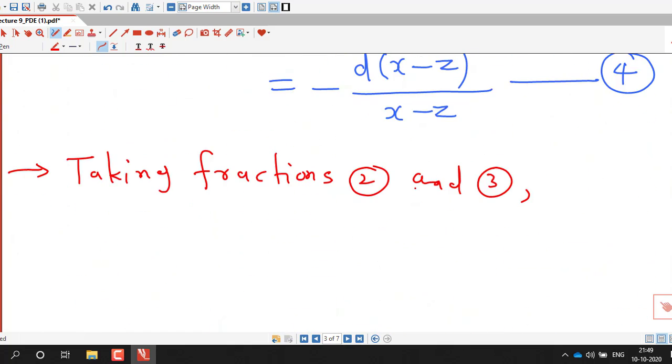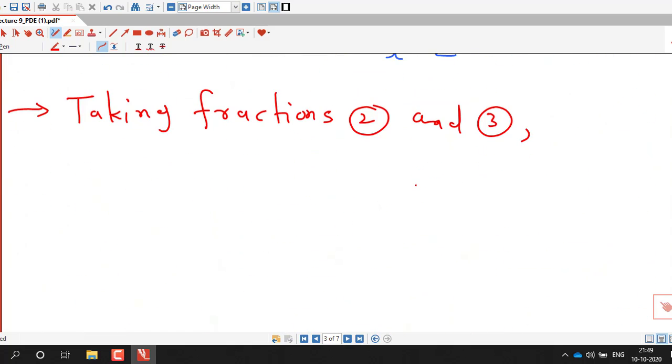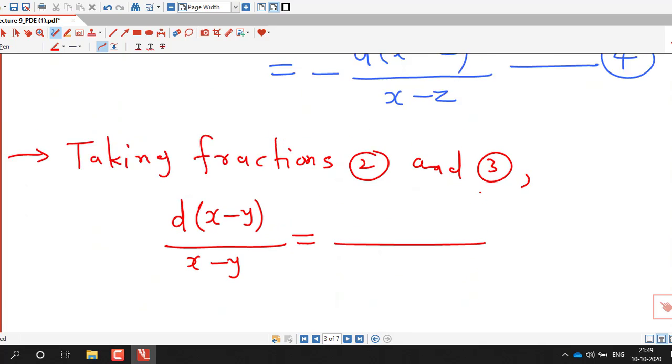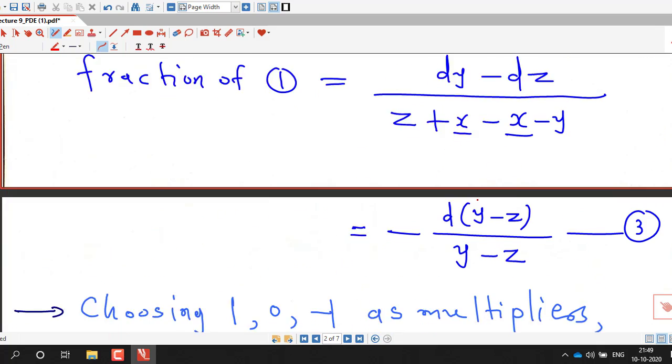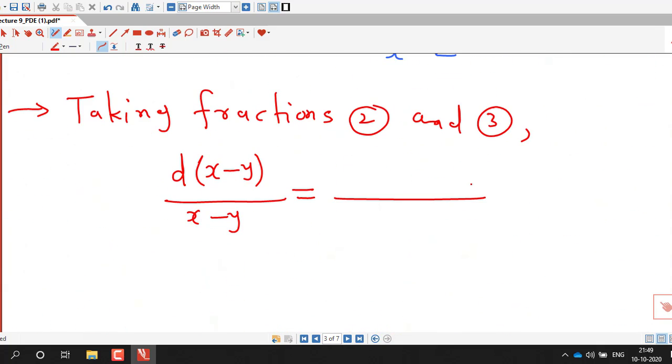The negative sign will cancel out. So I directly write, by cancelling the negative sign, d of x minus y divided by x minus y, and fraction number 3 is d of y minus z divided by y minus z.